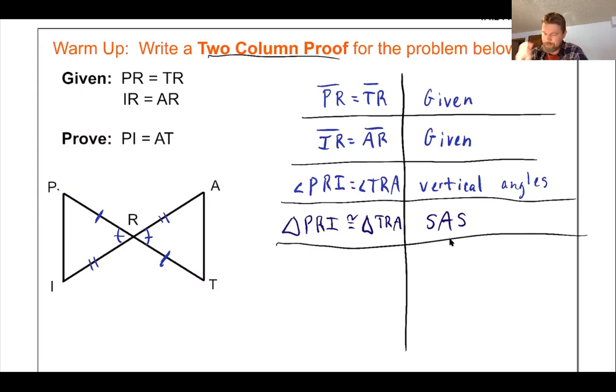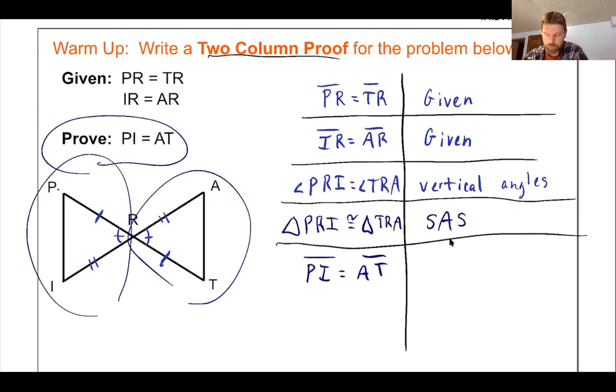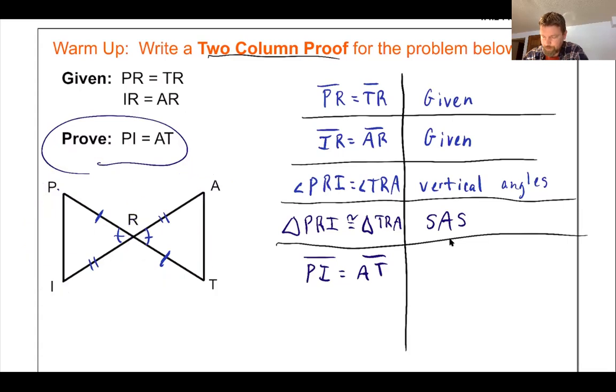All right, I'm not done. I always have to finish up with what I'm trying to prove. Now that I know the triangles are congruent, I definitely know PI is going to be equal to AT. I know that because when I've got two triangles that are congruent, all of their parts are congruent, including those parts. We had a shortcut for that we learned the last time.